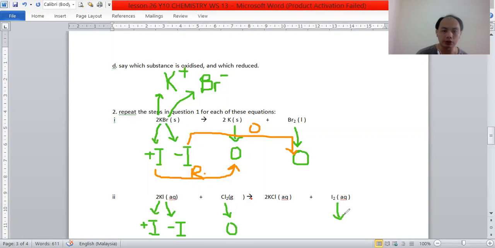Iodine is also 0. And potassium in compound form is always +1. A metal becoming an ion always has a positive charge. A non-metal, when it becomes an ion, always has a negative charge. Remember. Now we analyze one by one.